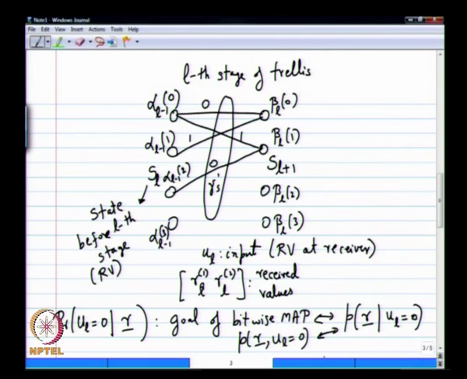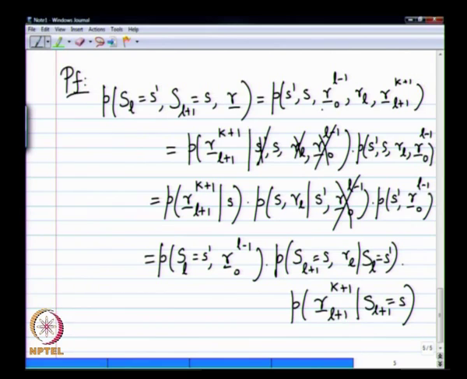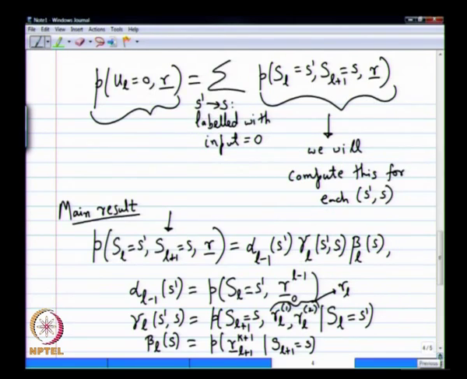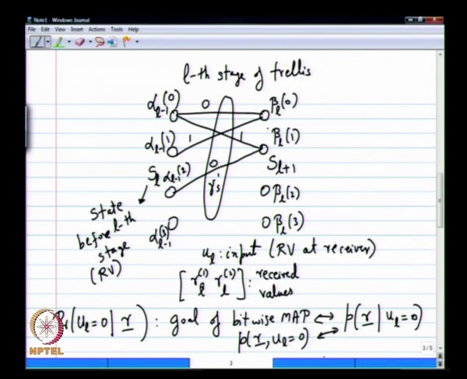So how do I compute the final probability, this probability? How do I compute this guy on the trellis? If I take a particular branch, I multiply the alpha on the left hand side and the beta on the right hand side with the gamma on the branch. So I take each branch, I take the alpha, beta, multiply them with the gamma on the branch, I get the probability that I want, probability of S prime comma S comma the entire vector R. Is that clear?